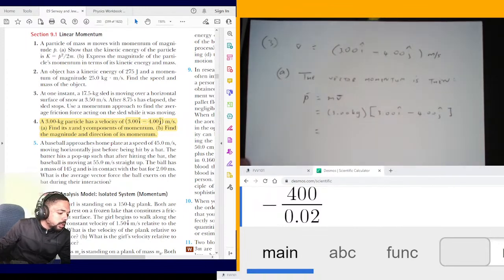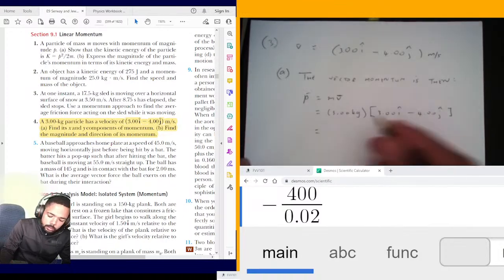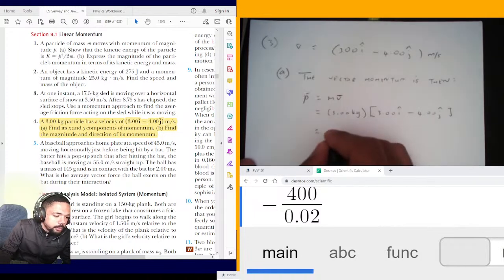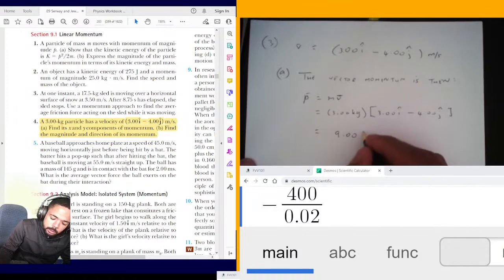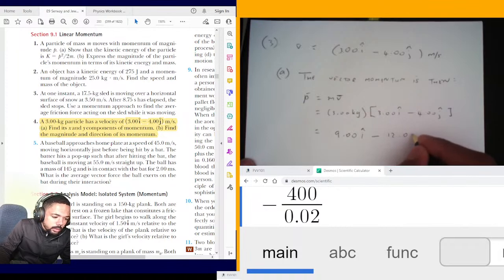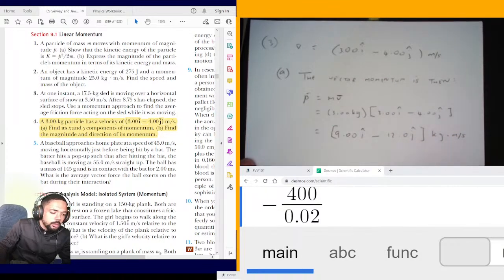Now getting back to the problem at hand, that is in meters per second, of course. Multiplying that out, 3 multiplied by 3 gives 9 kilogram meters per second in the i hat direction, minus 3 times 4, which is 12, in the j hat direction.